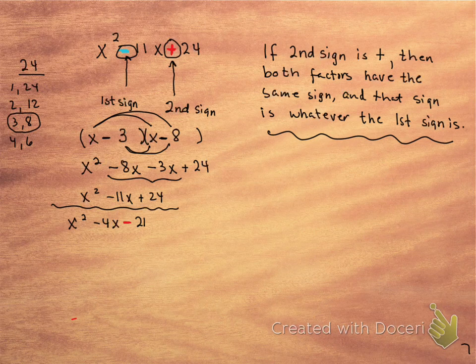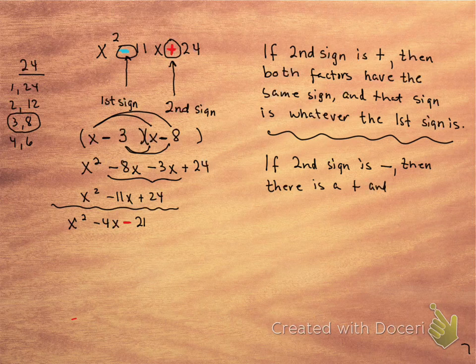Now, the second sign there is not a positive. So, if the second sign is a negative, then there is a positive and a negative in the factors. One in each.